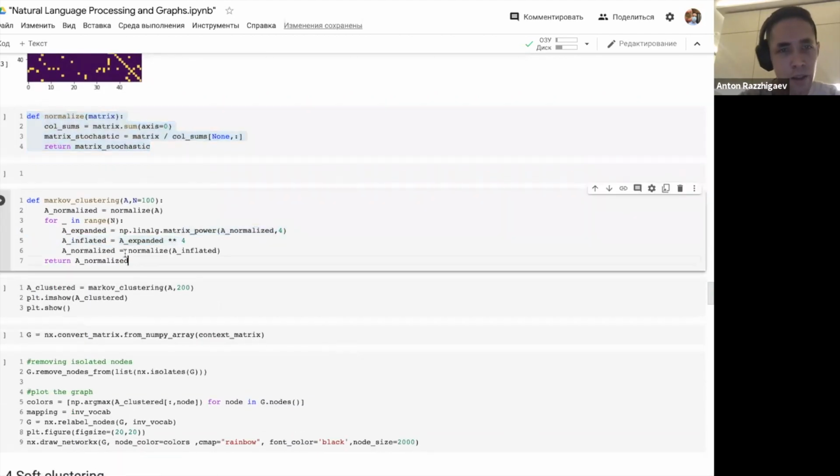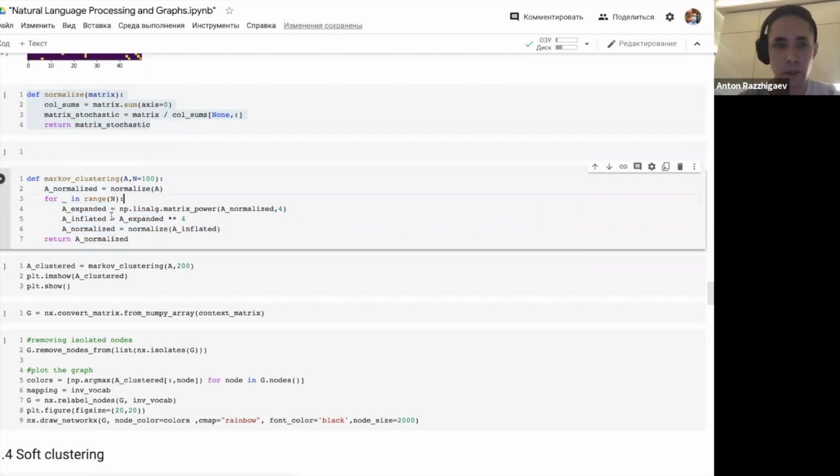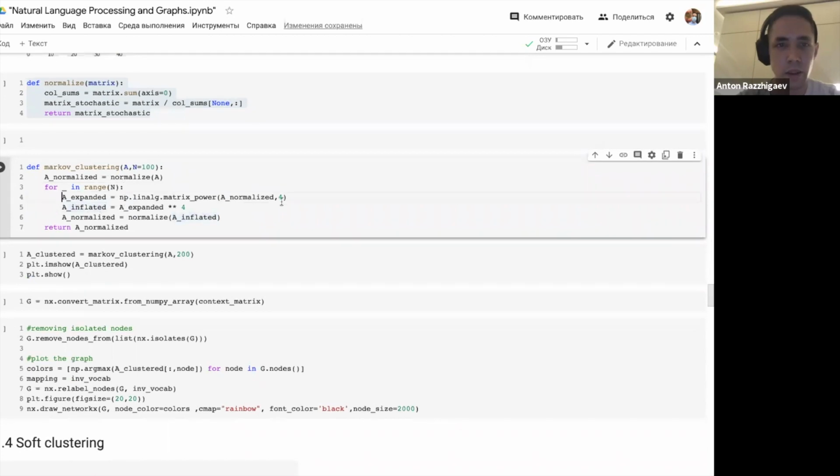And the algorithm itself is very short and very simple. Iteratively repeat normalization, and then expansion and inflation. Expansion is a matrix power. So we just take a power of a matrix.